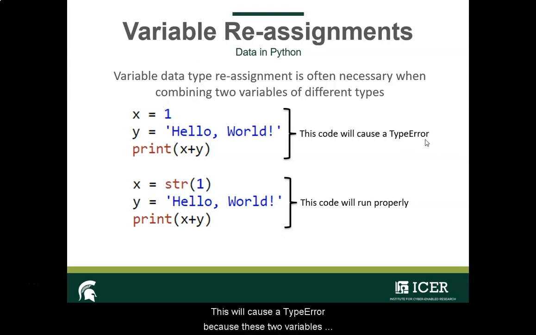This will cause a type error because these two variables are not the same data type. I can use variable reassignment in order to switch one of the variables to the type of the other variable. So if I take x and make it the string of 1, now I can add a string to a string, and you'll notice the code runs properly. What was your output?